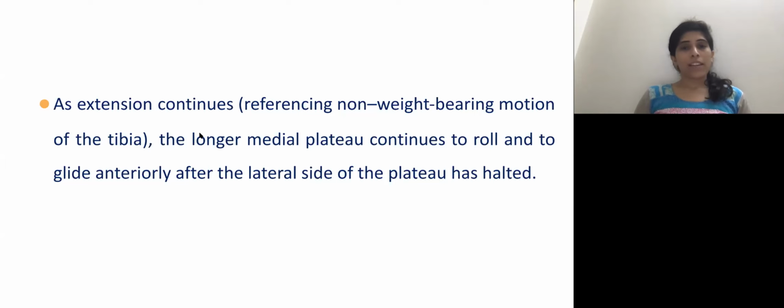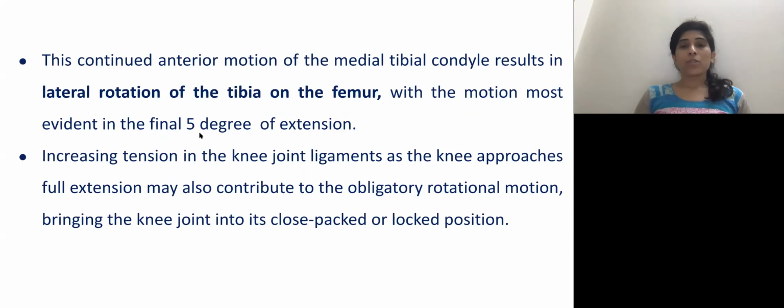So the lateral tibial condyle will finish its rolling and sliding first compared to the medial condyle. This continued anterior motion of the medial tibial condyle results in the lateral rotation of the tibia on the femur with the last 5 degrees of extension motion.